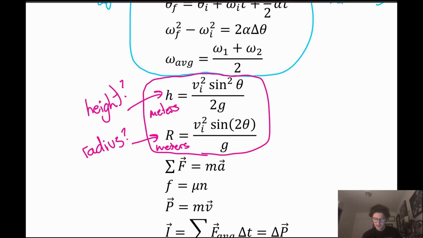Radius, I might have to double check, but if you find any problem where there's some theta, some initial velocity, and you know what this equation is talking about, you could just take this equation, put it in the problem, plug some numbers in, and just write something like, oh, I think the angle has something to do with this. You should be chilling. But I'm not really too certain about these, so I'm going to, again, give you guys an answer of what this looks like somewhere over here.